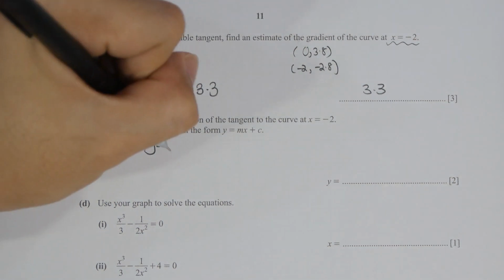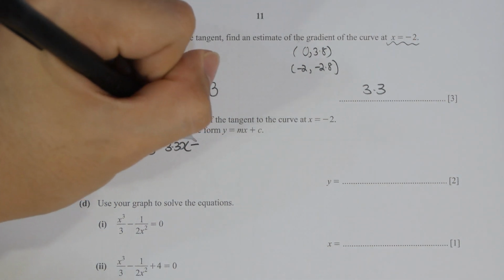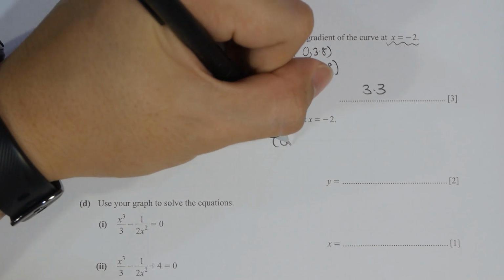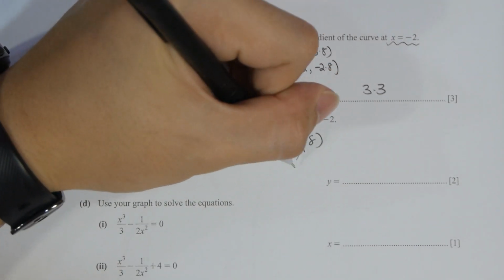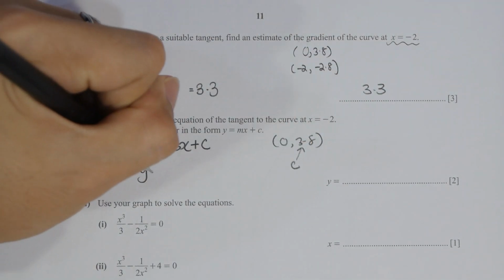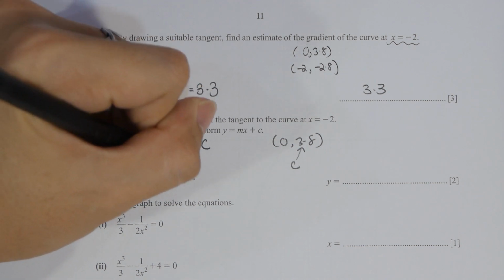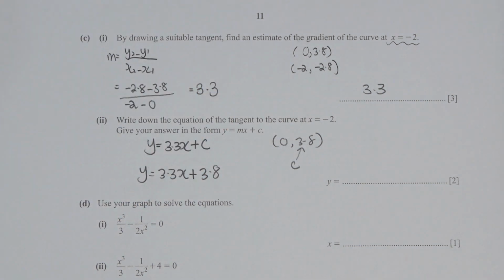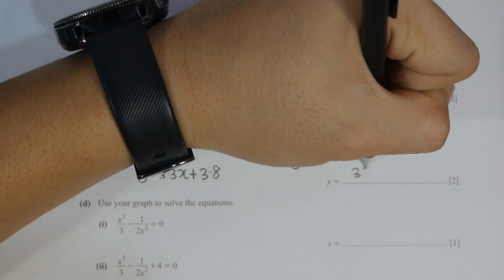And since we already have the y-intercept, which is the coordinates 0, 3.8, you can now construct the equation of this tangent to the curve, which is y equals 3.3x plus 3.8.